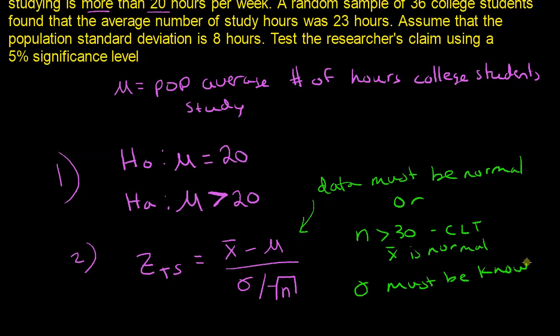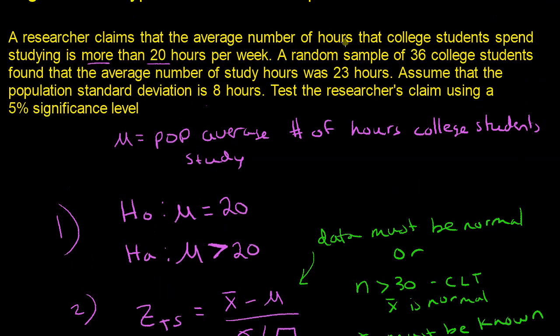In the question, it'll tell us something about sigma. In this question, it says assume that the population standard deviation is 8 hours. Because it gave the population standard deviation, we were given sigma.